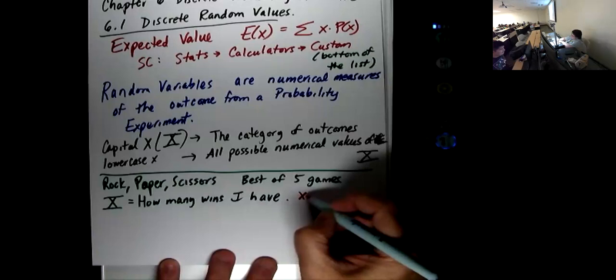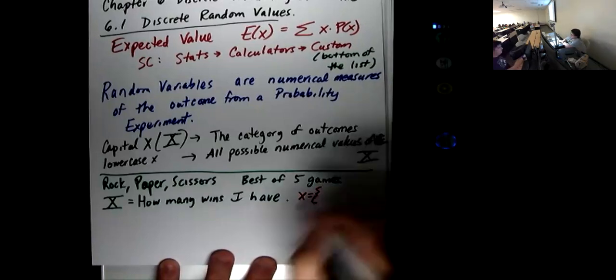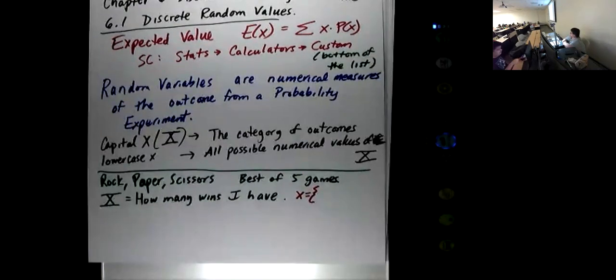What are the possible numerical outcomes of that experiment if we do best of 5? And we play all 5, not like whoever gets the first 3 is done and then we quit. We'll play all 5. How many wins can I get?